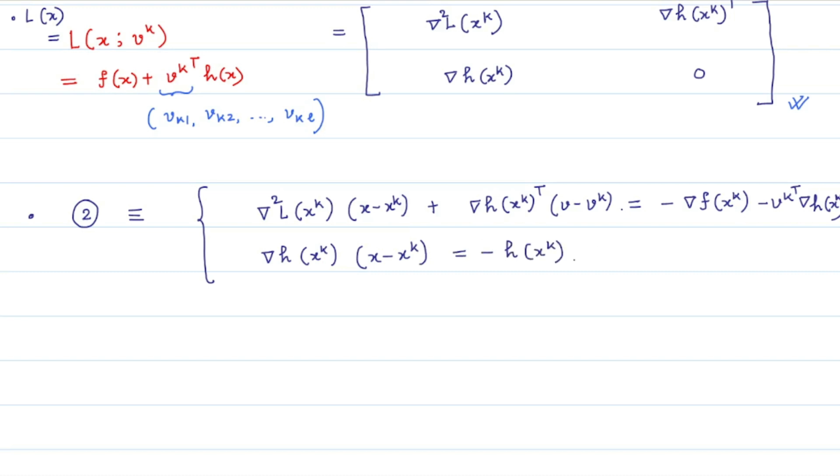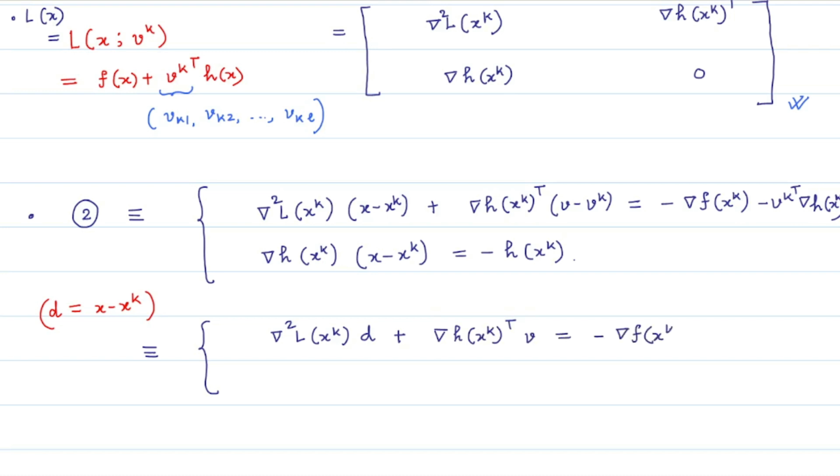as this system. Fine. Now this system can further be written, by substituting d equal to x minus xk, as this one, right?